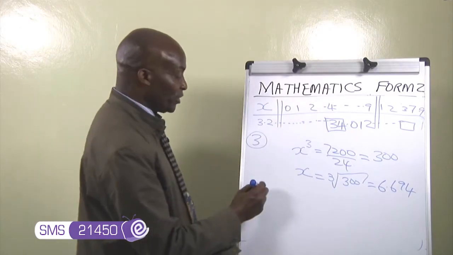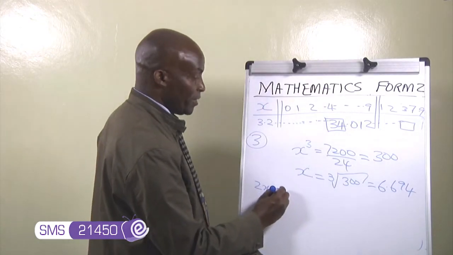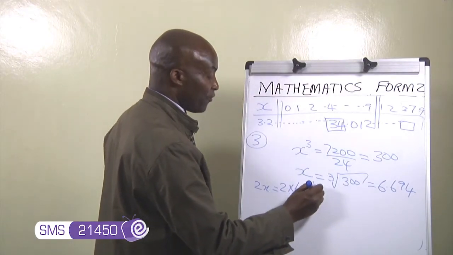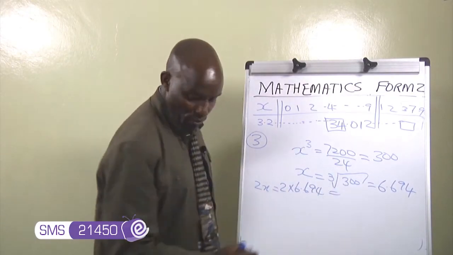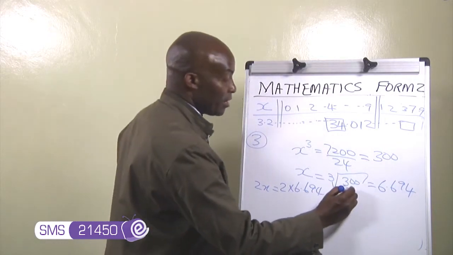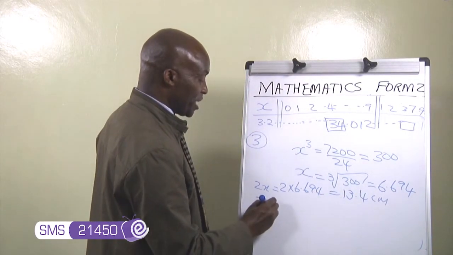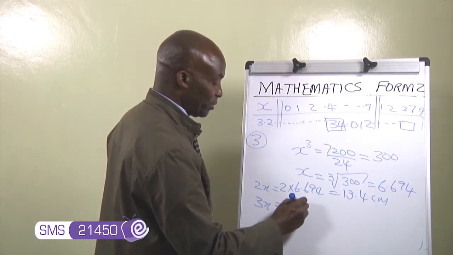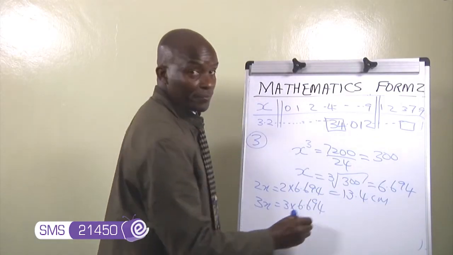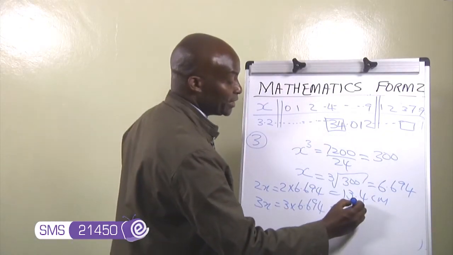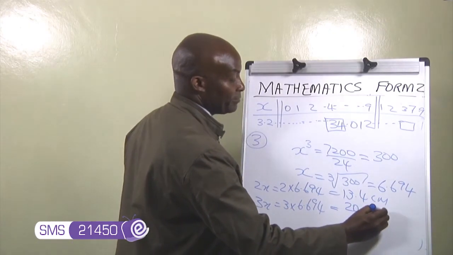Therefore, you can now write the answer. The first side, which was 2x, is equal to 2 times 6.694, which gives you 13.4 centimeters. The other one was 3x, which is equal to 3 times 6.694, and this will give you 20.1 centimeters.